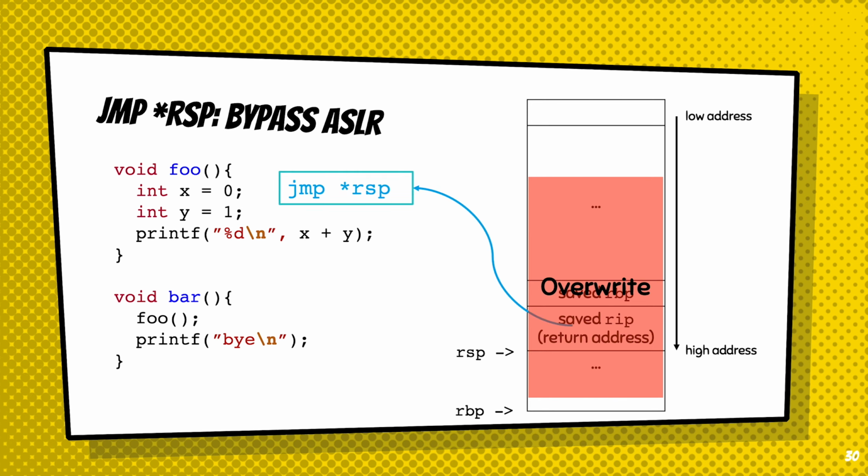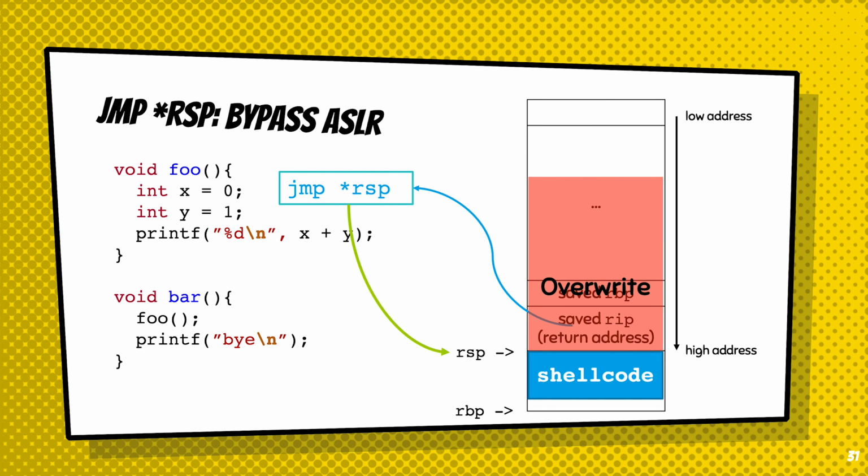However, if we change the saved RIP value to the address that points to the instruction of jump star RSP, then in this case, when RIP points to the instruction and the instruction is executed, it will jump to the location that RSP is currently pointing to, which is still on the stack and can be controlled by an overwritten value.